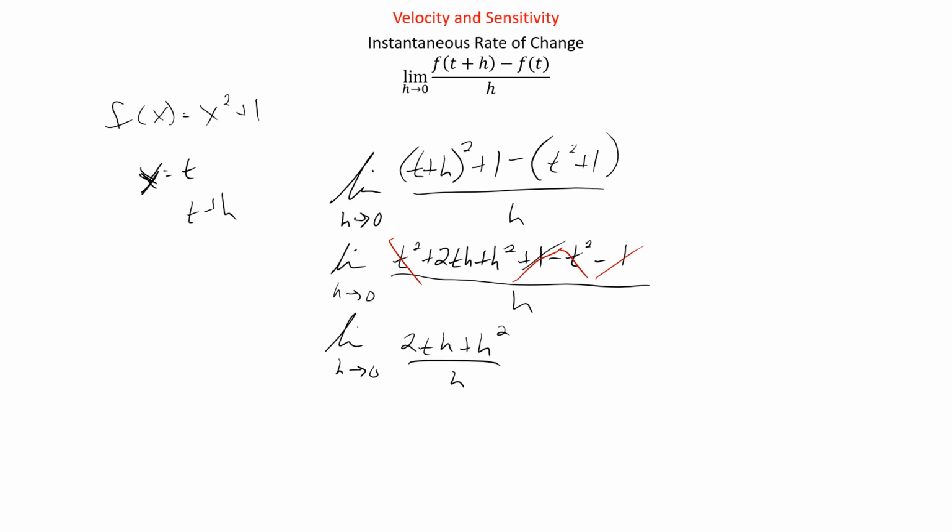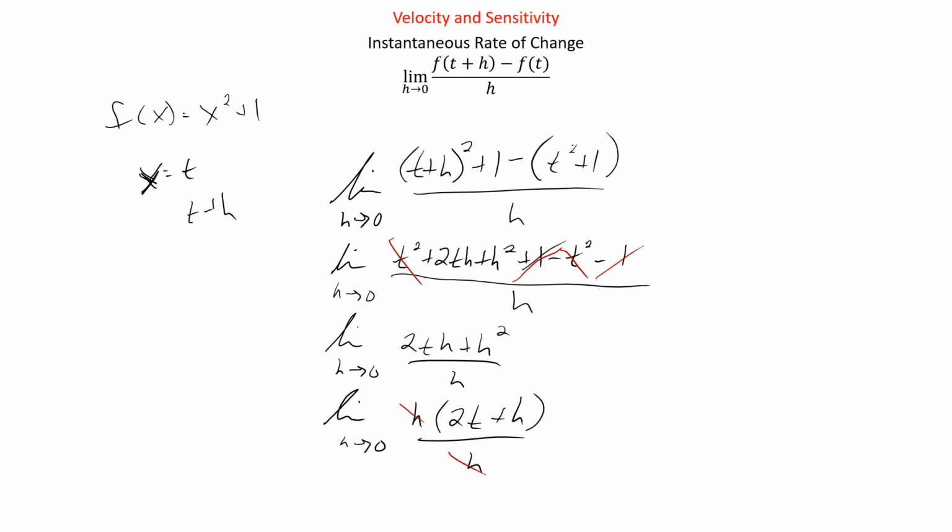Everything has h's in it, just like before. Everything without h's ends up canceling out. Everything with h's is left. So we can factor out an h. So we have h times (2t plus h) over h. Cancel.